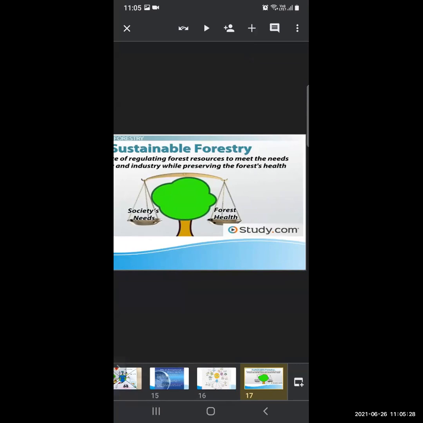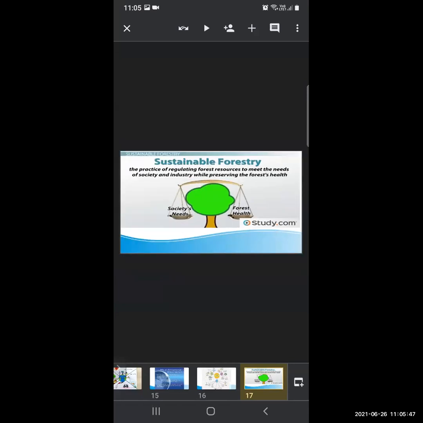We are living in buildings, but animals cannot live in buildings. Their habitat is the forest. So we don't have the right to destroy all this natural flora and fauna. This is sustainable forestry.